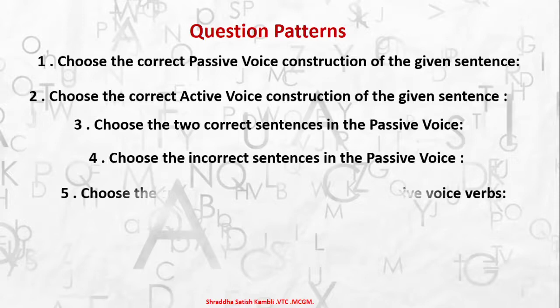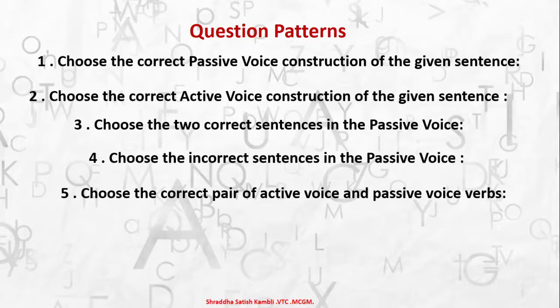Coming to pattern 5, choose the correct pair of active voice, passive voice verbs. So now verbs, when they are in the active voice and in the passive voice, they undergo a little bit of change, especially the helping verbs. Alright, so here you will have to choose the correct pair. So there will be 4 pairs which are given to you, out of which 3 are not correct and 1 is the right one.